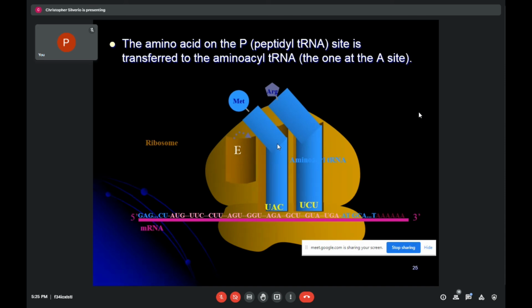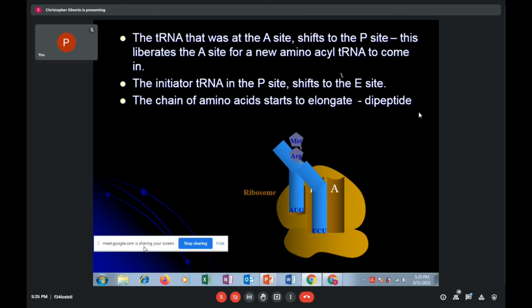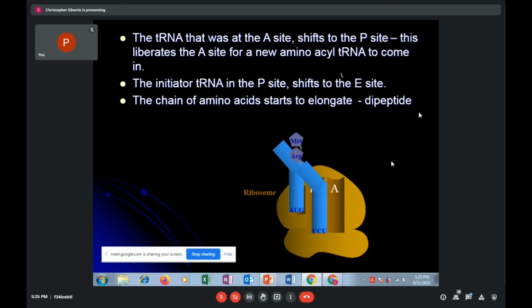And so what will happen when this transfer RNA goes to the exit site, and this transfer RNA goes to the P site? So when this goes to the E site from the P site, what happens to the amino acid methionine? It is left behind.